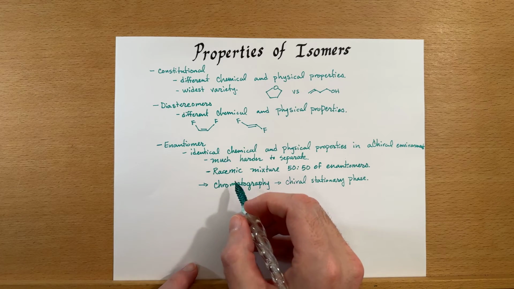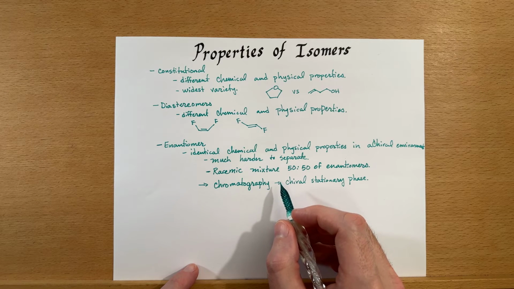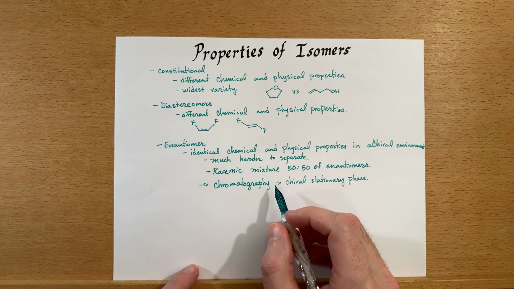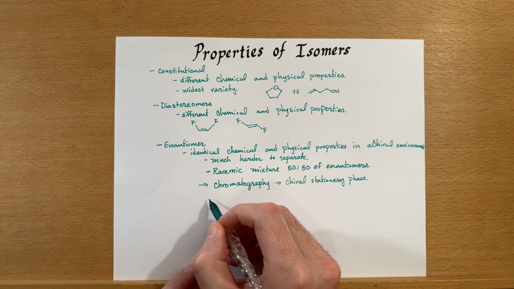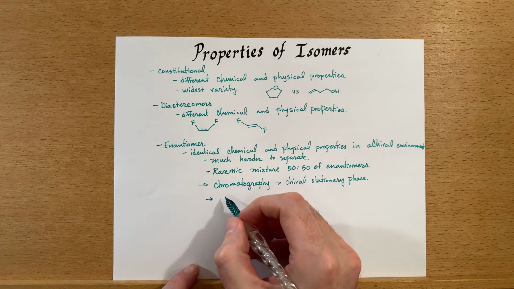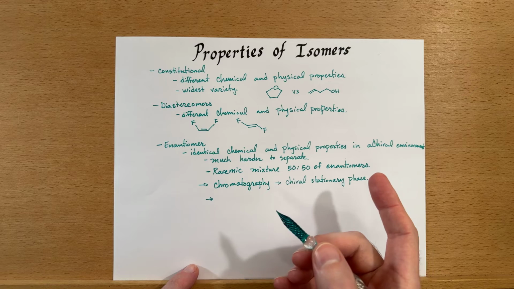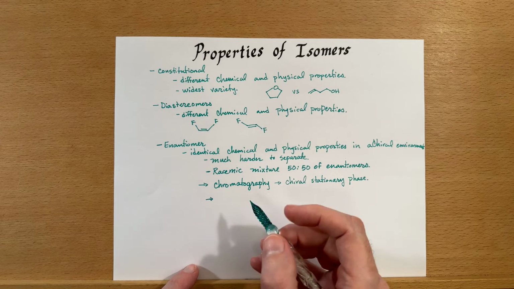Now, if we would like to avoid making a racemic mixture, there's a couple of things that we could try. You can start with a chiral or a pure compound, so just one enantiomer.